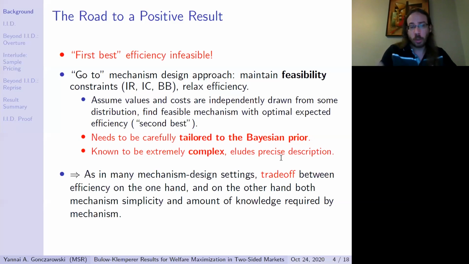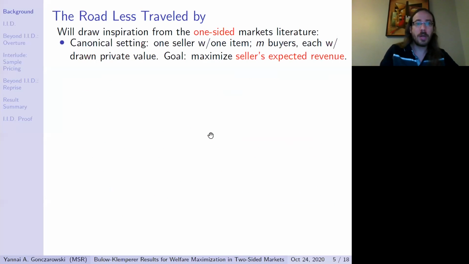And this showcases that, as in many other mechanism design settings, an inherent trade-off between efficiency on the one hand, and on the other hand, the simplicity of the mechanism and the amount of knowledge required by the mechanism. As I said, it has to be very carefully tailored to the Bayesian prior if you're taking this approach. So we're not going to take this approach in this talk, but rather an approach that is inspired by another line of work in the one-sided market literature.